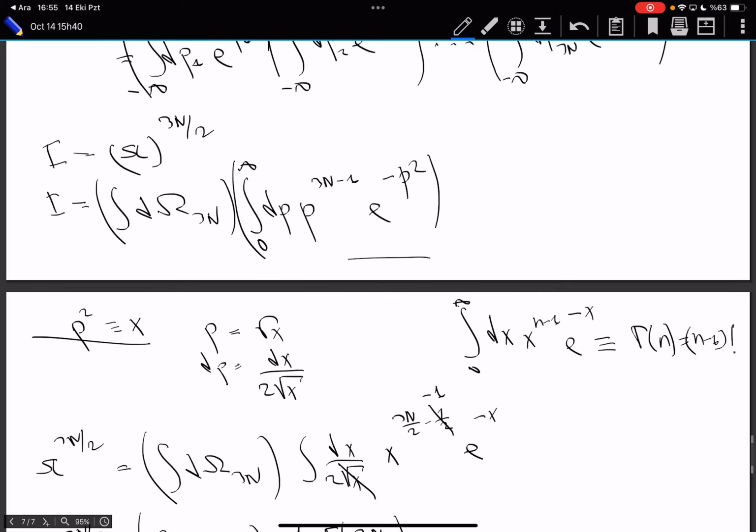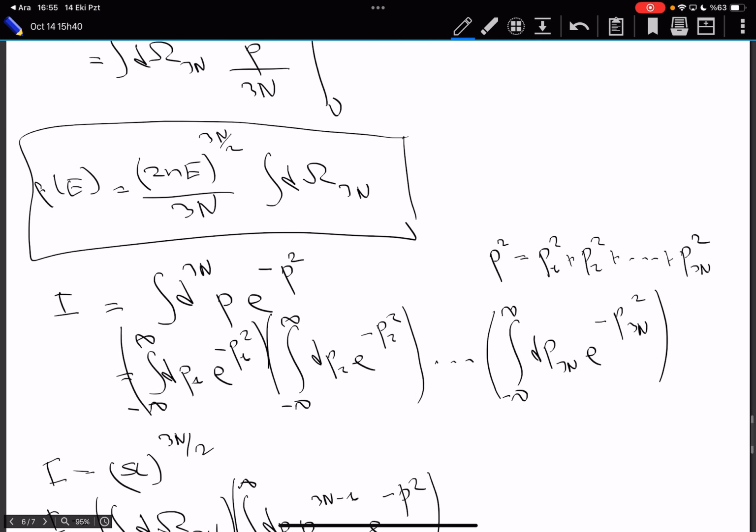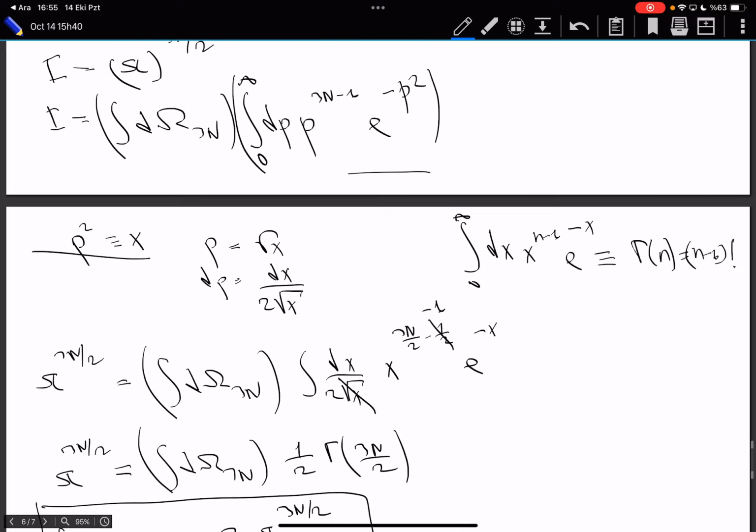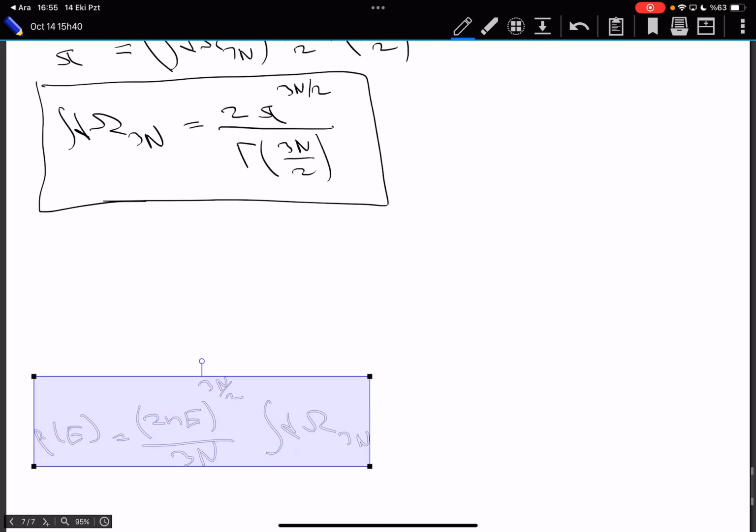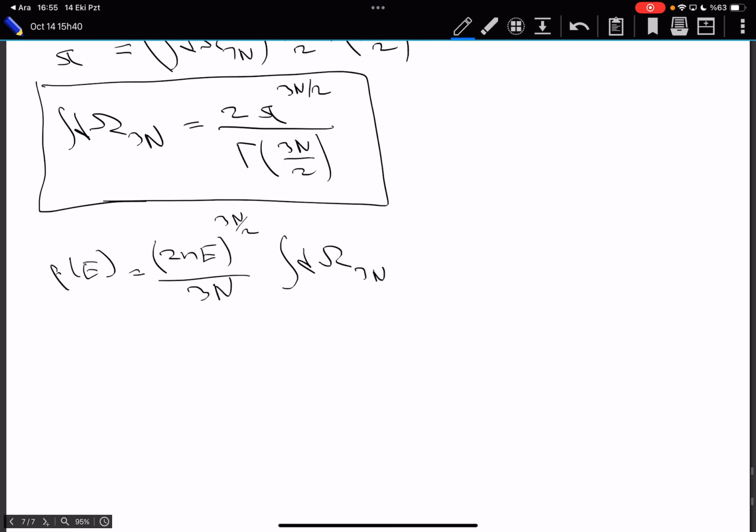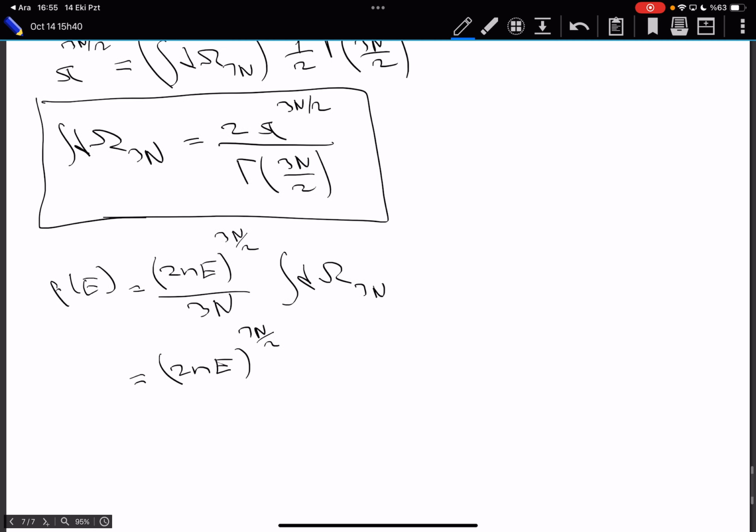Now I can go back to my original problem. This is what I was trying to evaluate. So this is equal to 2mE to the power 3n over 2 times 2 times pi to the power 3n over 2 divided by gamma 3n over 2.